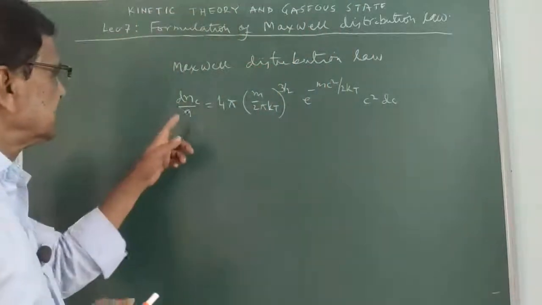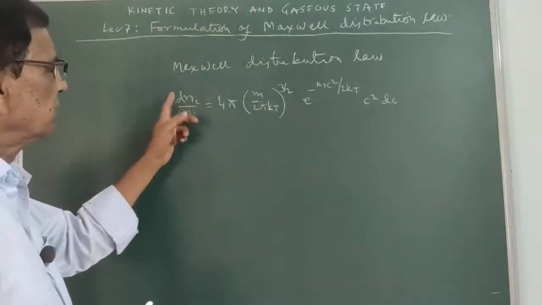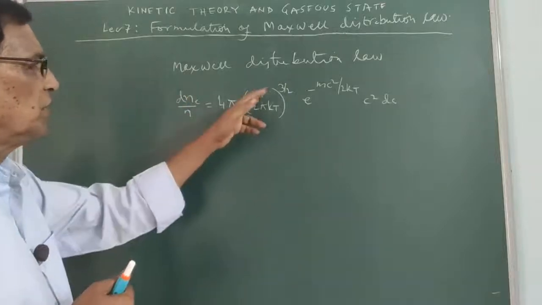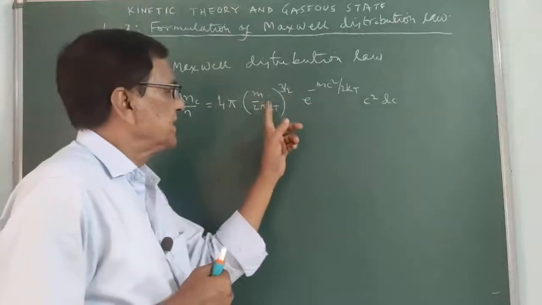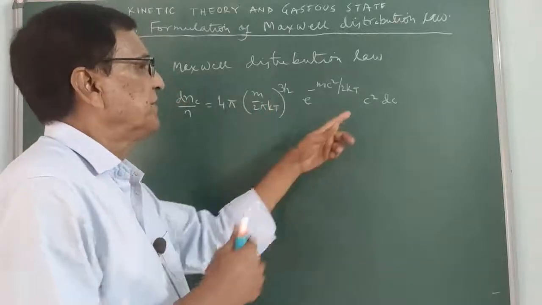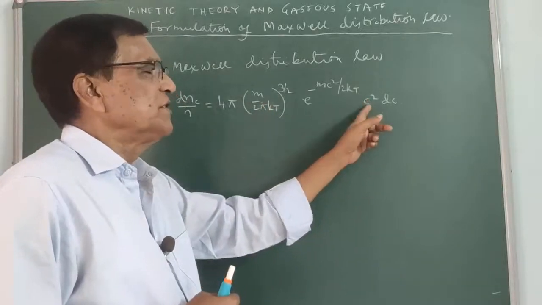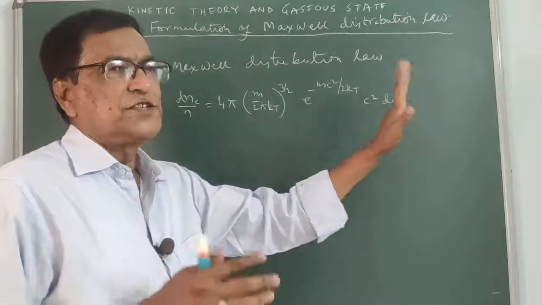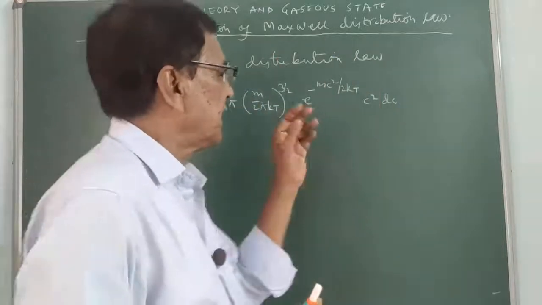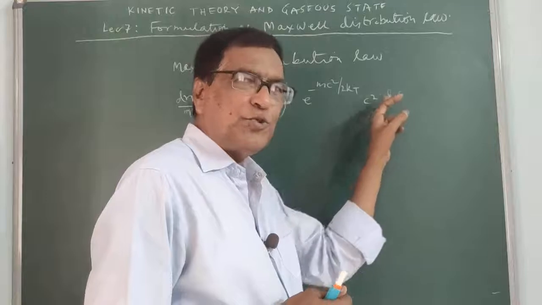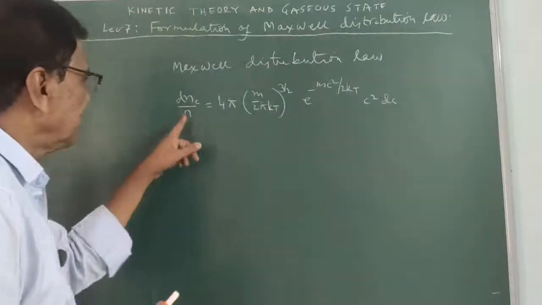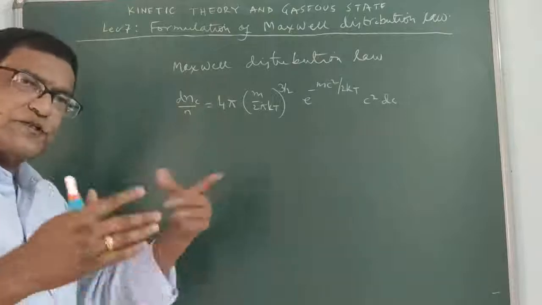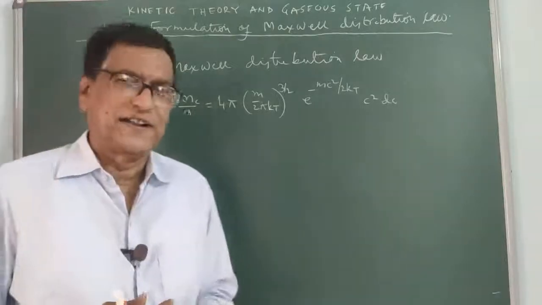So this dNc is the number of molecules of molecular mass m at a temperature T having the speed c to c plus dc, meaning having the speed c within the range dc. Where N is the total number of molecules present in this container.